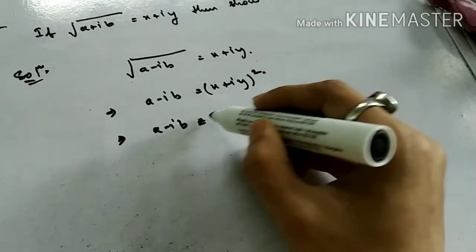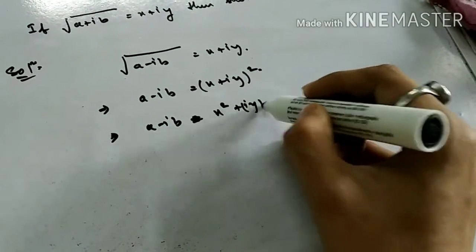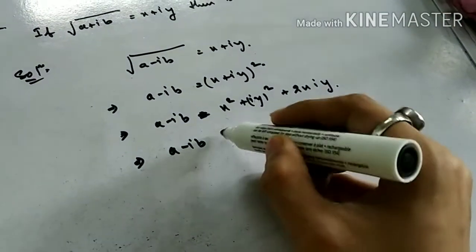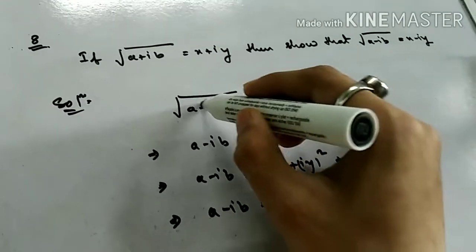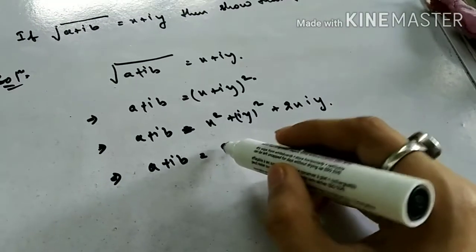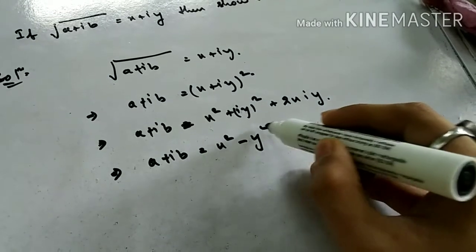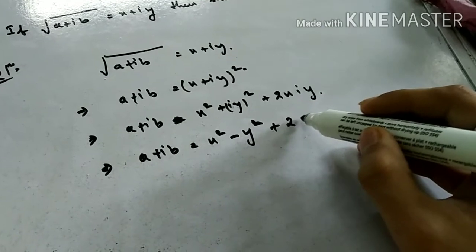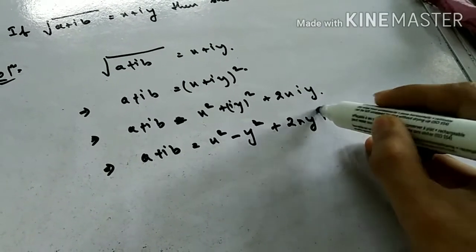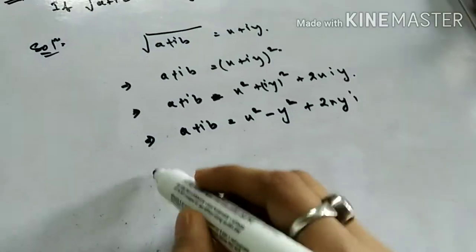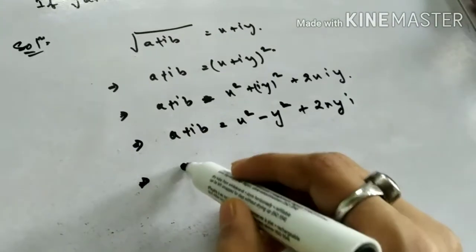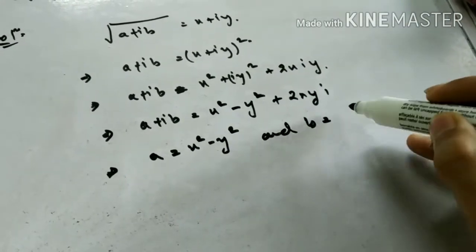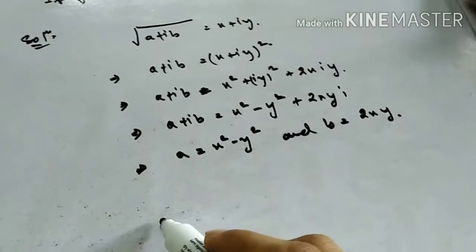A plus ib is equal to x square plus iy the whole square plus 2xiy. So this I will get x square minus y square plus 2xyi. So now what I will do, real part equate: a is equal to x square minus y square, and imaginary part equate: b is equal to 2xy.